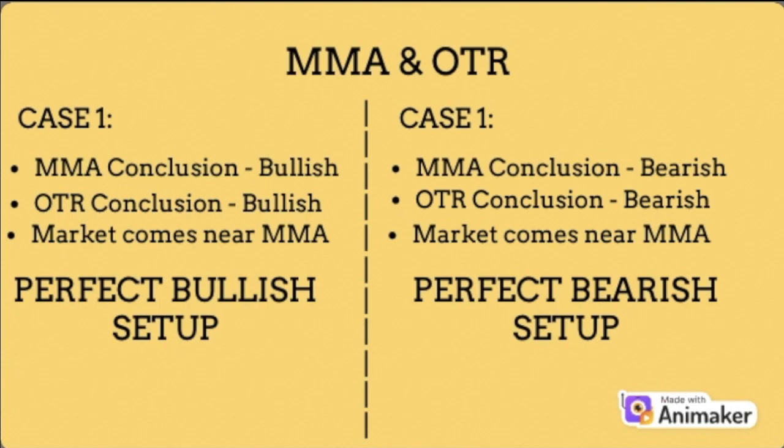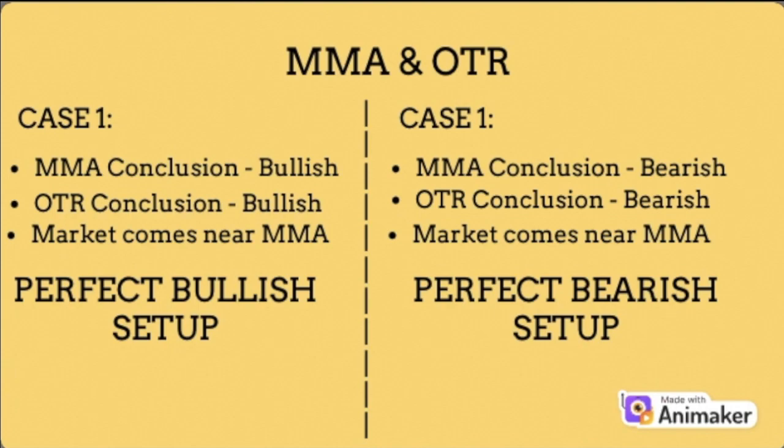a perfect bullish setup for them could be: MMA conclusion is very bullish, OTR conclusion is bullish, and the market comes back down very close to MMA, but doesn't cross it. It shouldn't cross the MMA, it should be very close to the MMA. For Nifty it can be 10-20 points, for Bank Nifty 40 to 50 points.